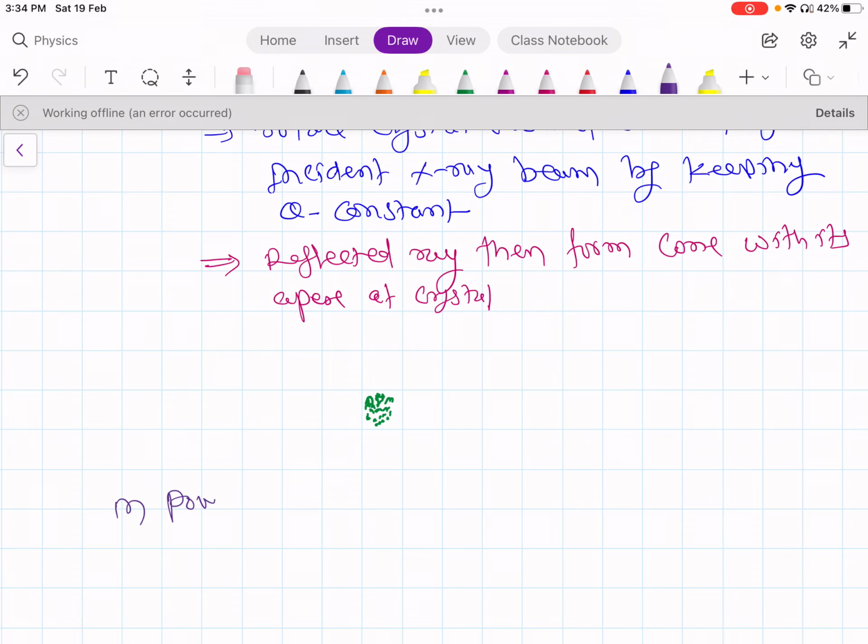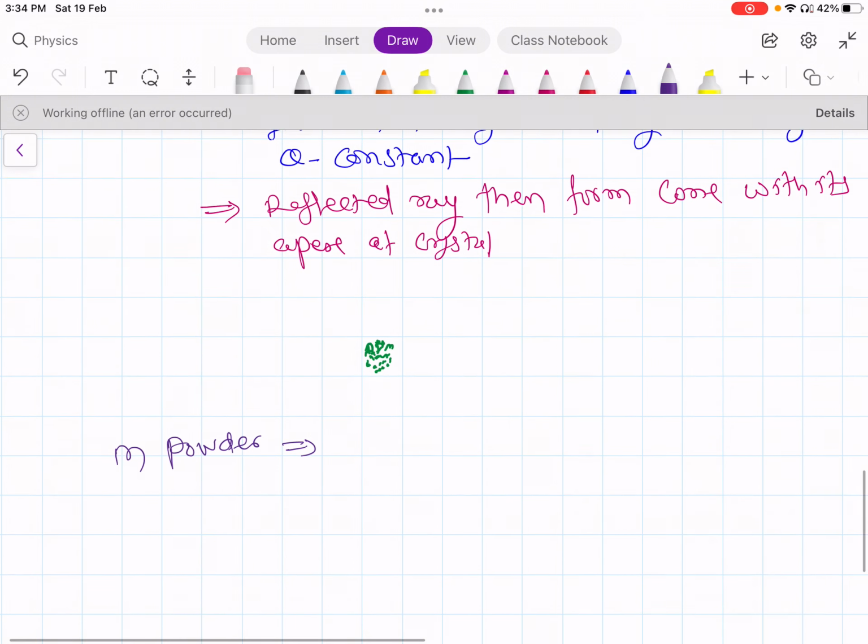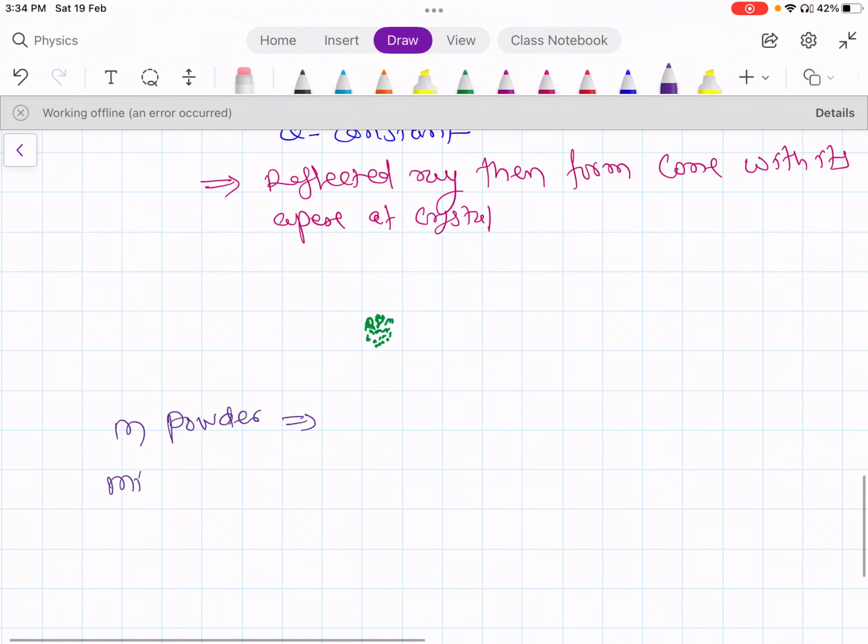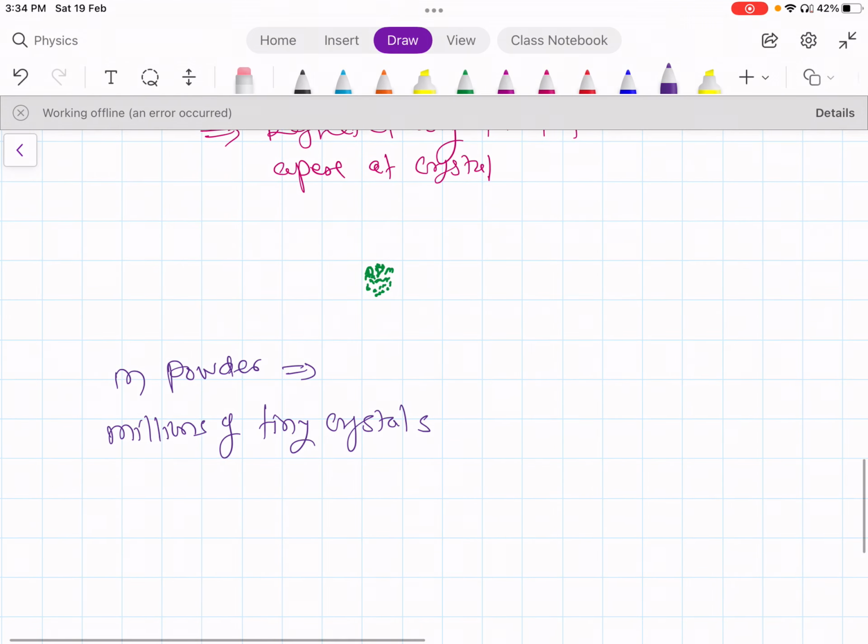In powder, there are millions of tiny crystals with complete random orientation.